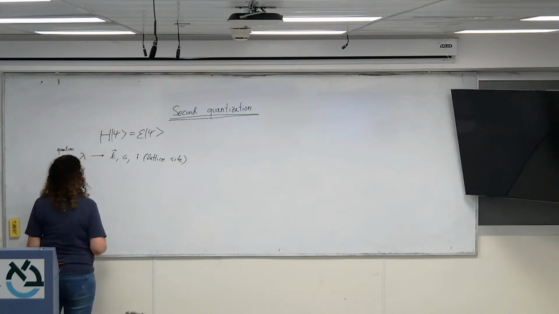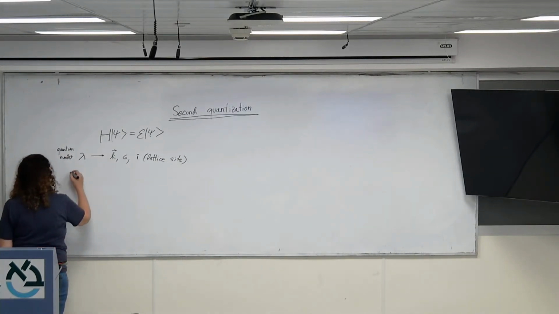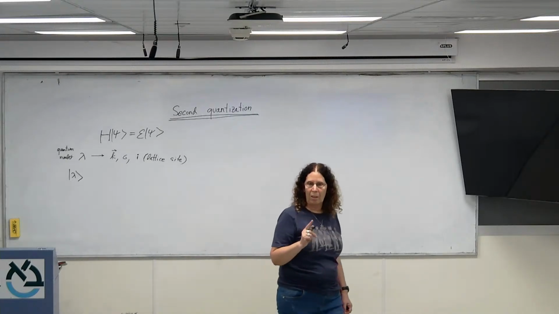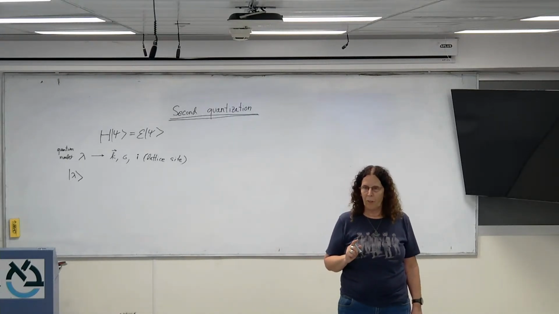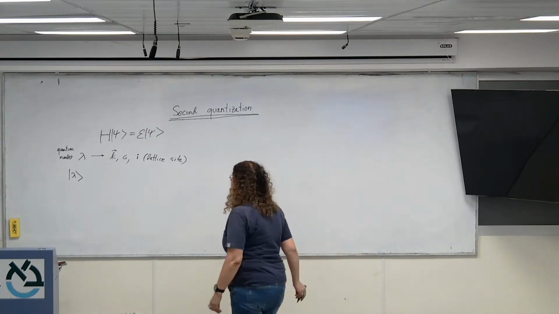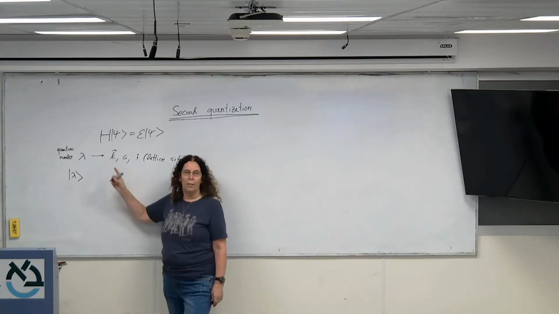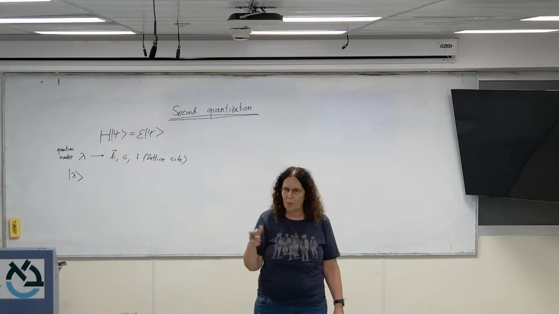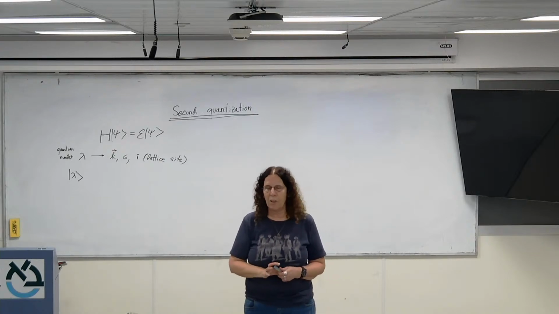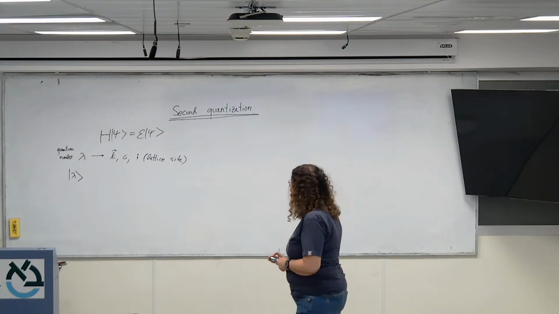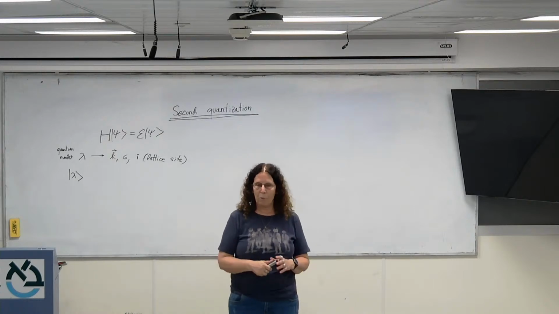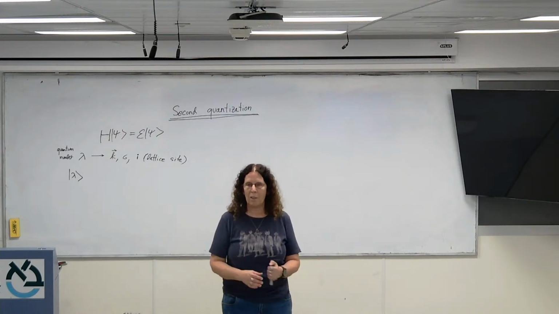Some quantum numbers, and there are quantum states, lambda, that are eigenstates of some particular single particle Hamiltonian. For example, the quantum number k is a good quantum number of a free Hamiltonian, right? If we have just free particles with kinetic energy, k is a good quantum number. And of course, if we have translational invariance, a uniform space, free particles, no potential.